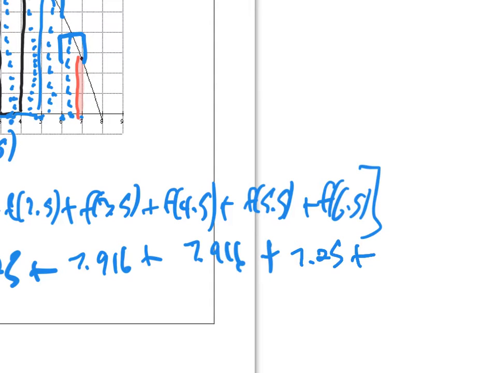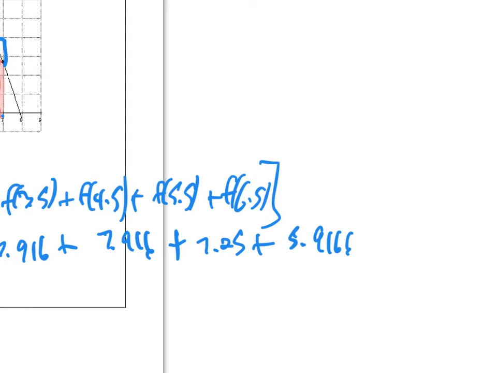5.9166. Wait. Yeah. And last, f of 6.5. Michelle, f of 6.5. She's real tired. I haven't heard her hardly. I haven't even heard her speak at all. Not today.